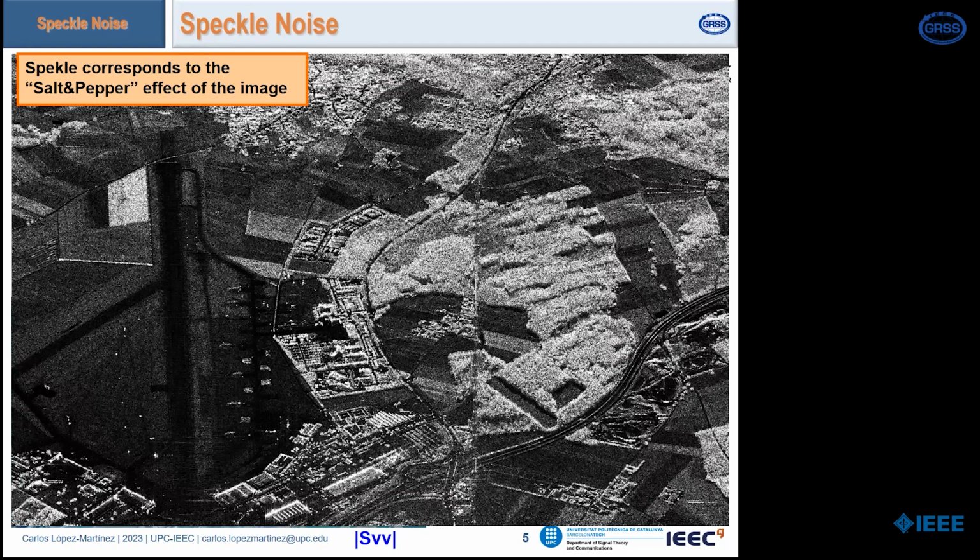The process producing this disconnection and the need to average the data is this speckle noise. Just to clarify, speckle noise is this salt and pepper aspect of the SAR images.